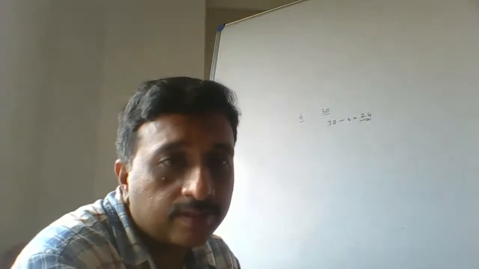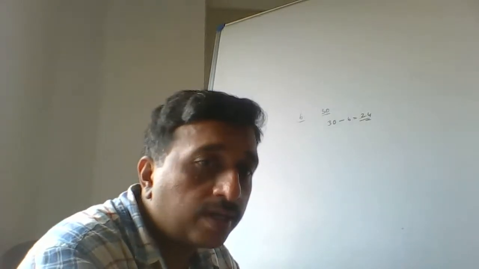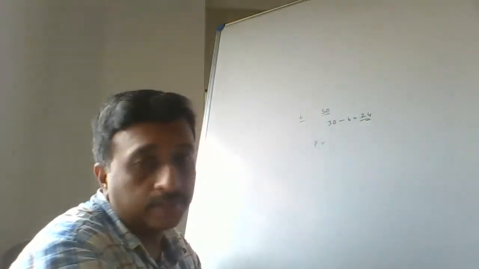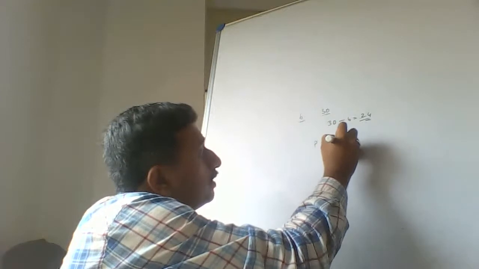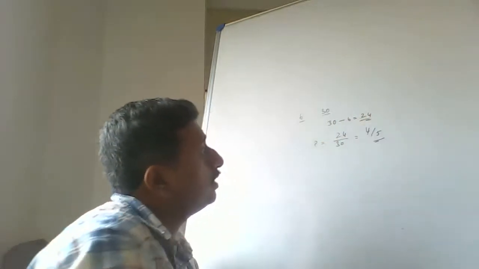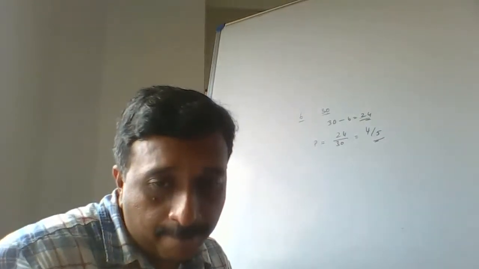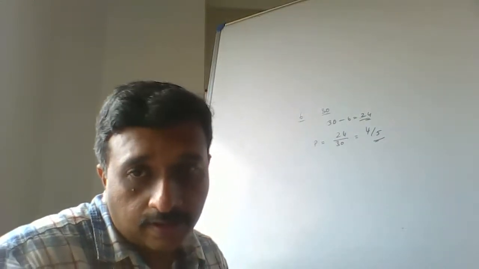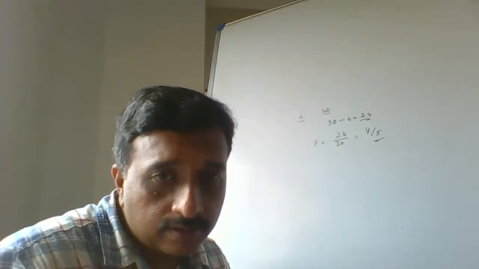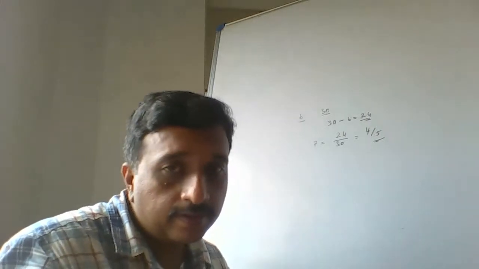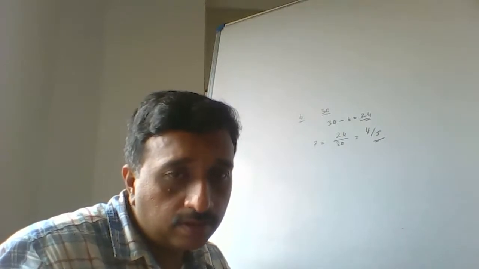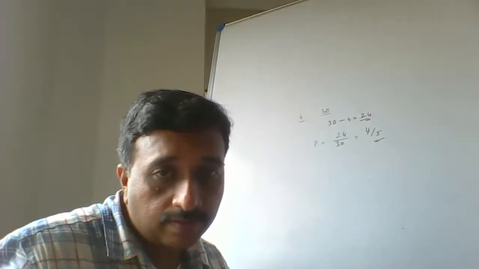The question is about did not hit a boundary, which is P, which is 24 by 30. This results in 4 by 5. Any queries? I hope this is clear, right? We'll move on to the next.